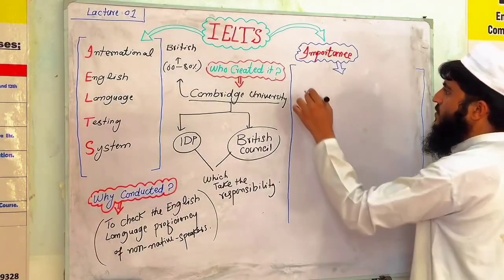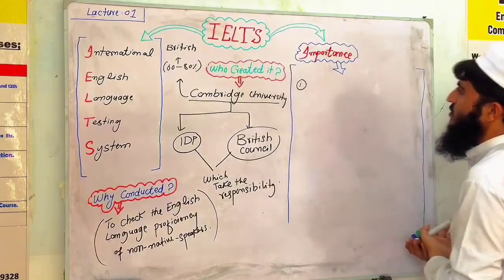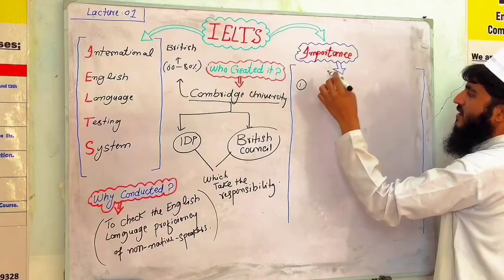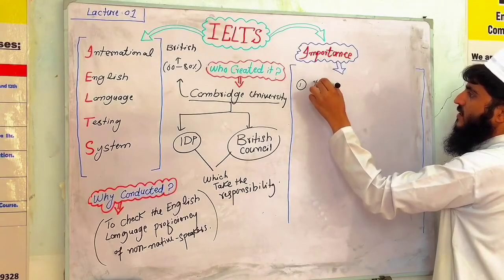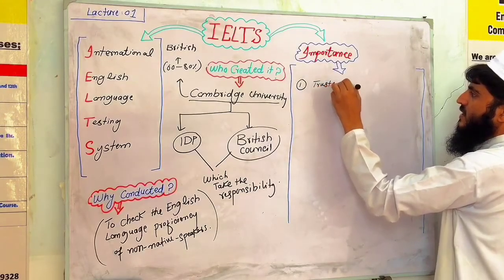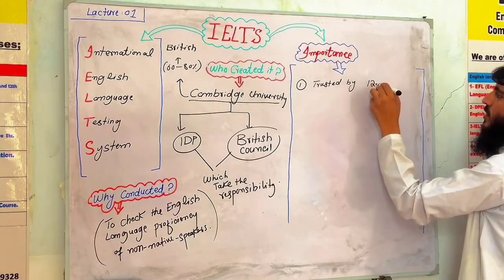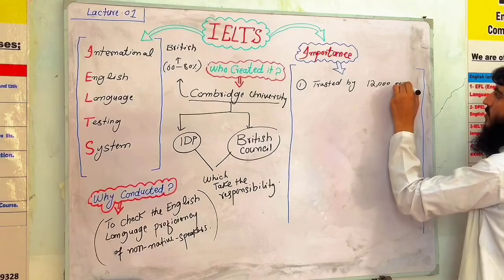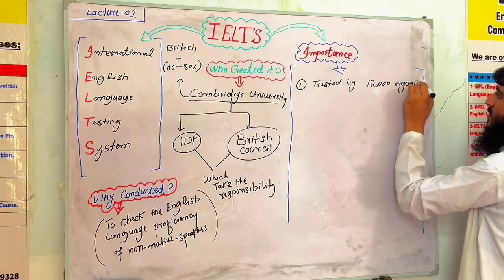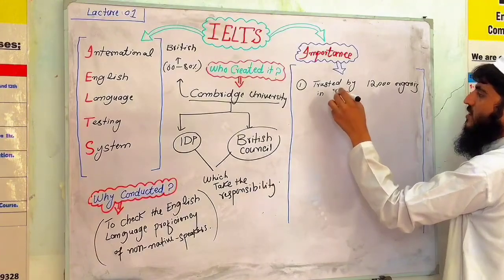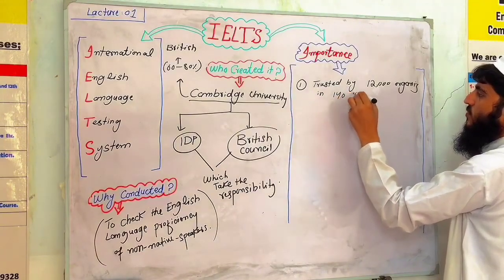Among all of them, the first one is that, as we all know, it is highly regarded and it has been trusted by more than 12,000 organizations in approximately 140 countries.